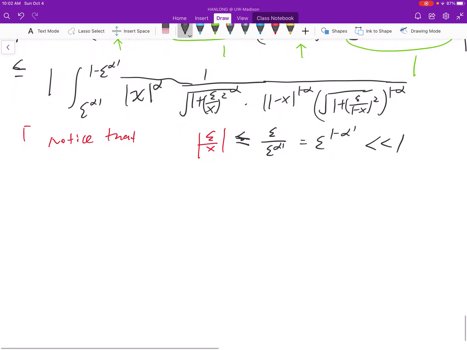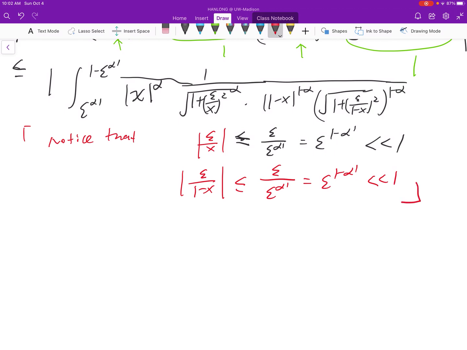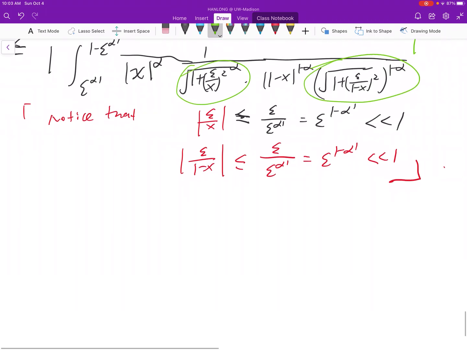And also epsilon over 1 minus x is smaller than epsilon to the alpha prime as well. Okay, then for these two parts, we can do the Taylor expansion.